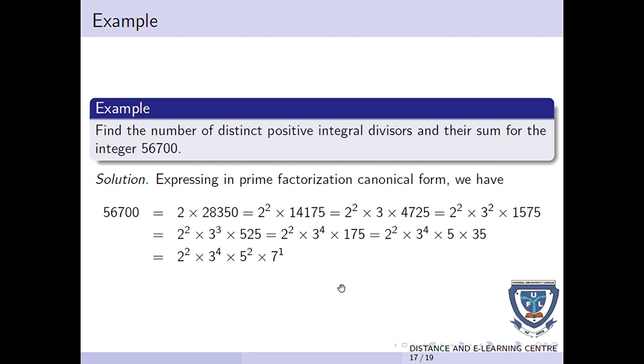Let's look at some examples on how to apply tau n and sigma n. Find the number of distinct positive integral divisors and their sum for the integer 56,700. Solution. Expressing in prime factorization canonical form, 56,700 can be expressed as 2 raised to power 2 times 3 raised to power 4 times 5 raised to power 2 times 7 raised to power 1.